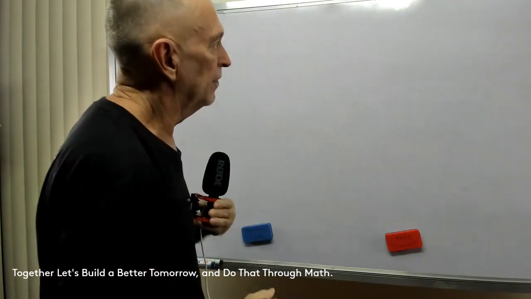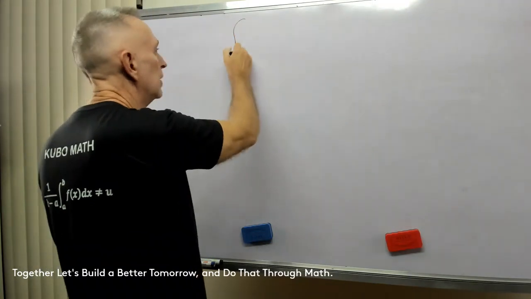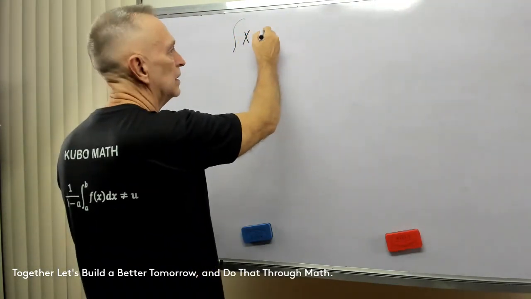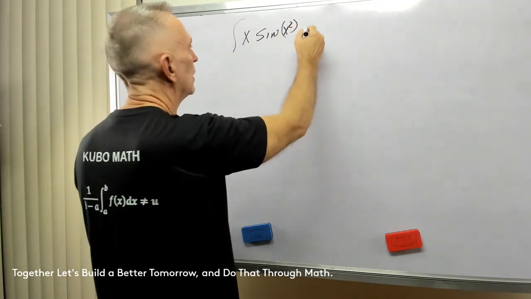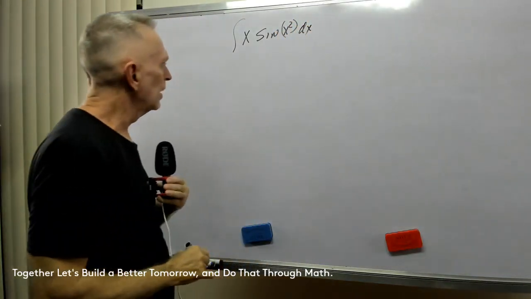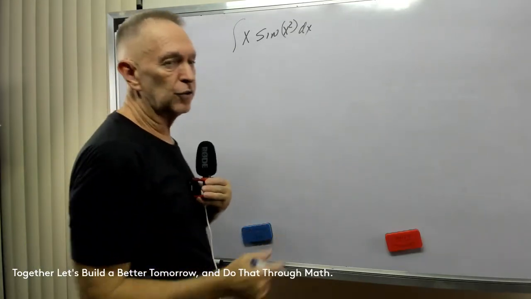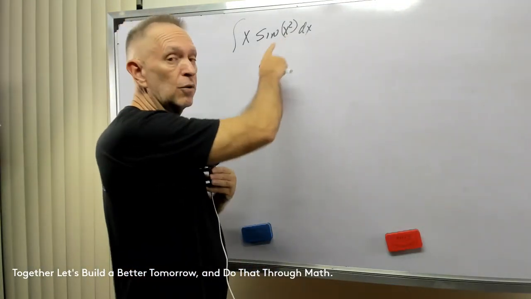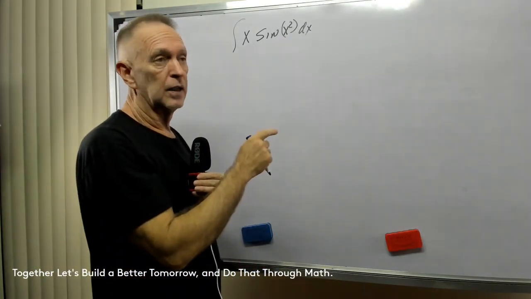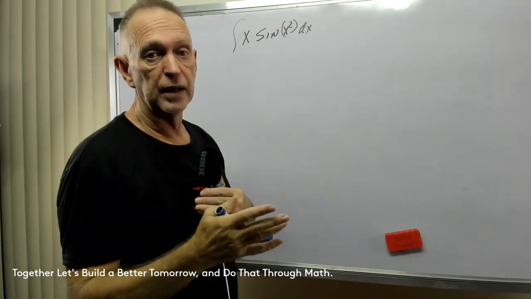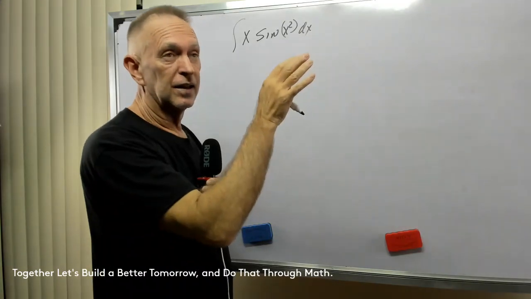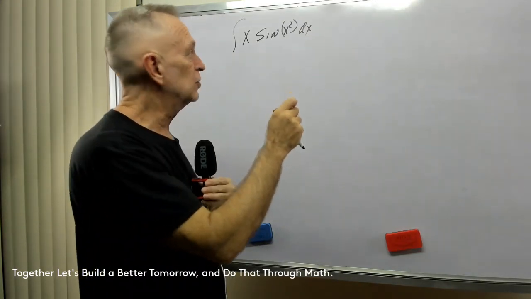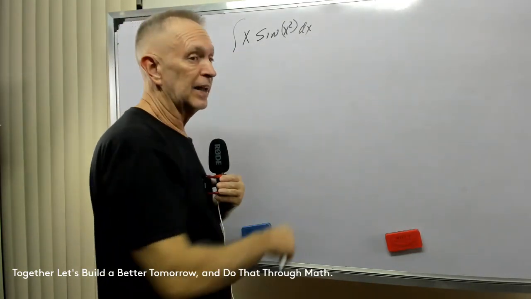All right, what do we have next? We have the integral of x sine x squared dx. Well, immediately you could see if we were to allow u to be x squared, what's du? 2x. And if we isolate the dx, we would have something that will divide out the x.